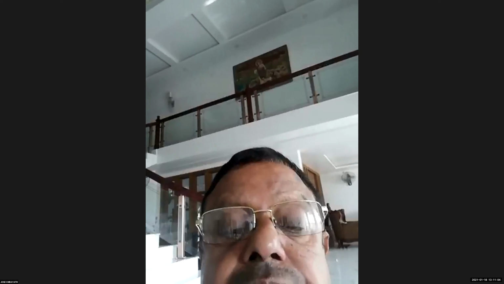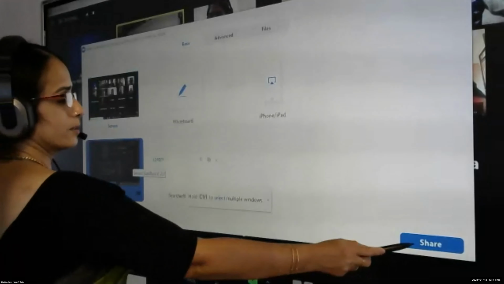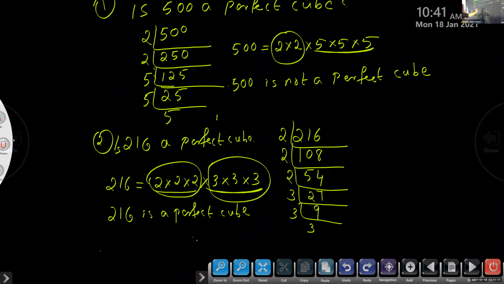All of you write these two examples. First of all, we are checking 500.